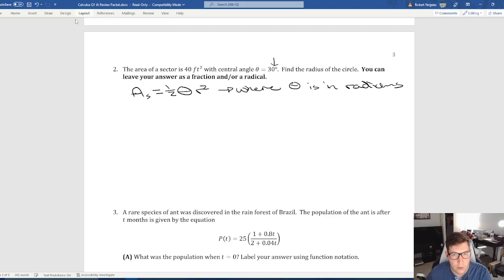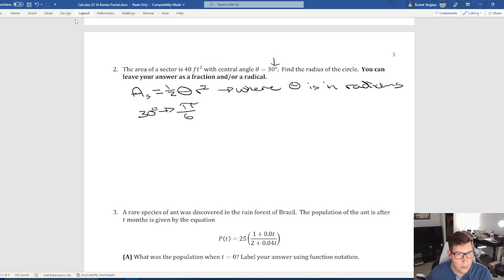If you look, we have a degree value, and we cannot use it as it stands. We need to change this. Luckily it's an easy degree value: 30 degrees is the same thing as pi over 6.